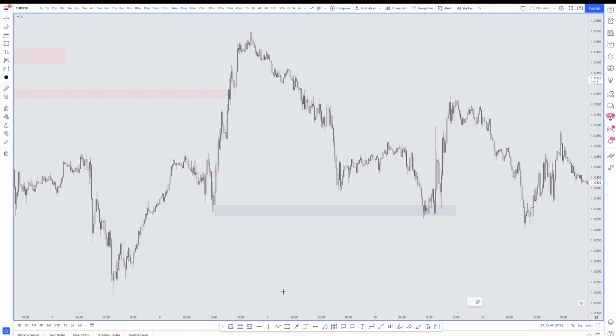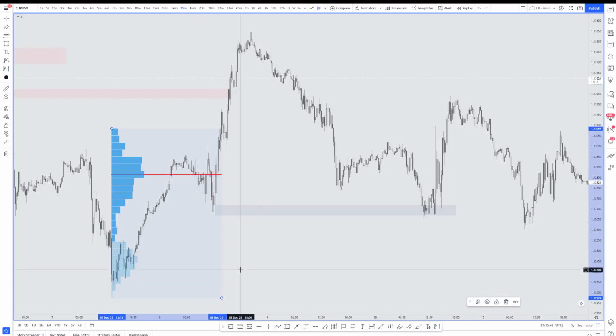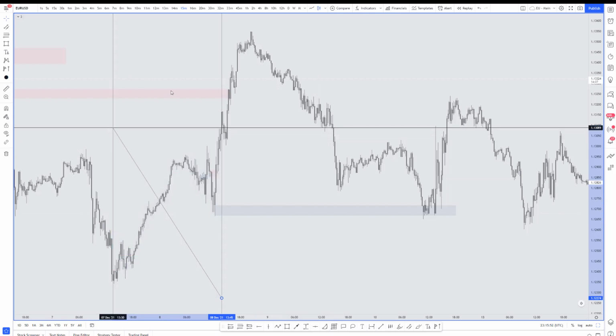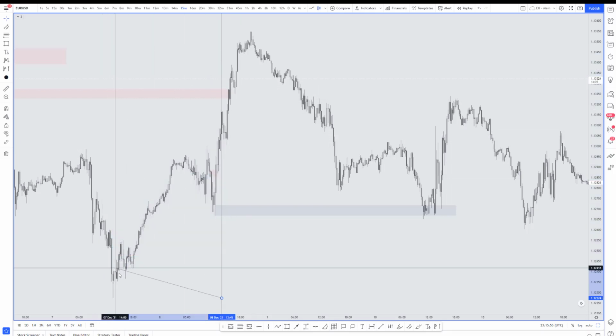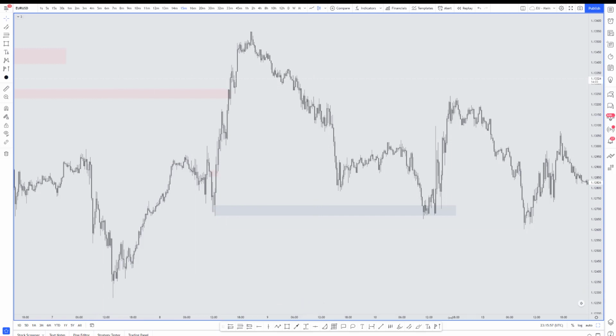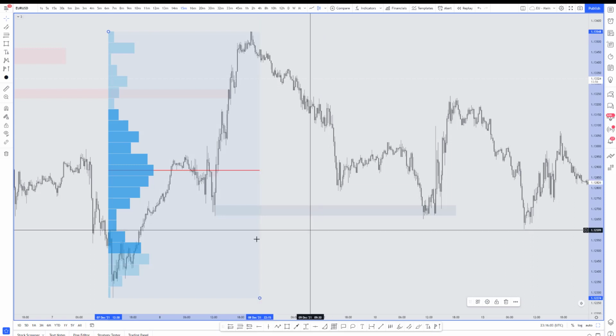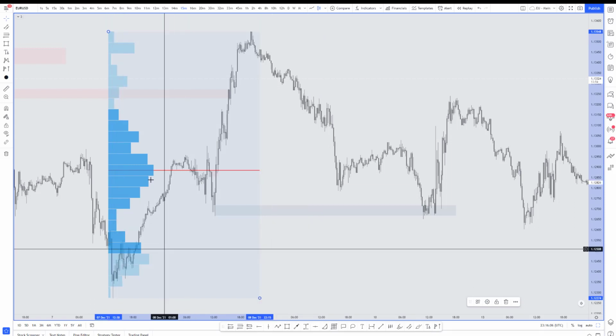Now, if we just check the volume profile of this, your spike's kind of down here. Probably even. Hold on. Let's actually delete that. Try that again. So you're going to notice a spike in here. You're going to notice a spike in this area.